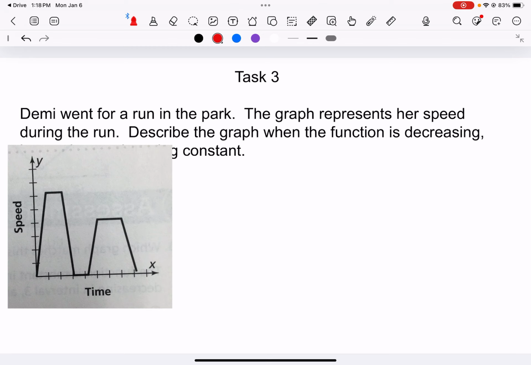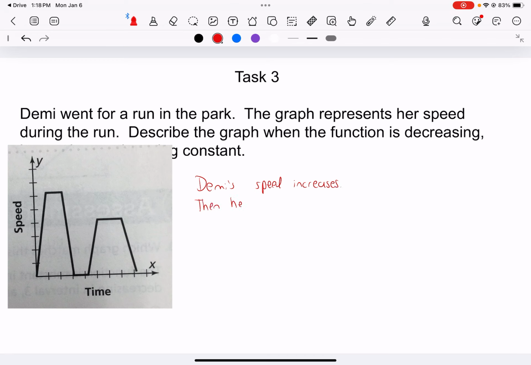Demi went for a run in a park. The graph represents her speed during her run. Describe the graph when the function is increasing, decreasing, and staying constant. So again, since there's no numbers, all we're just going to do is write a story to describe what's happening. So we could say that Demi's speed increases, which makes sense because she's starting her run.